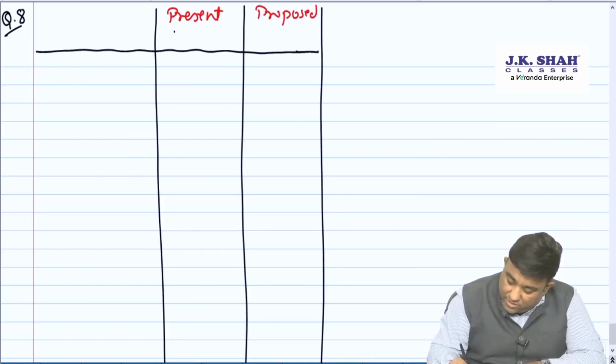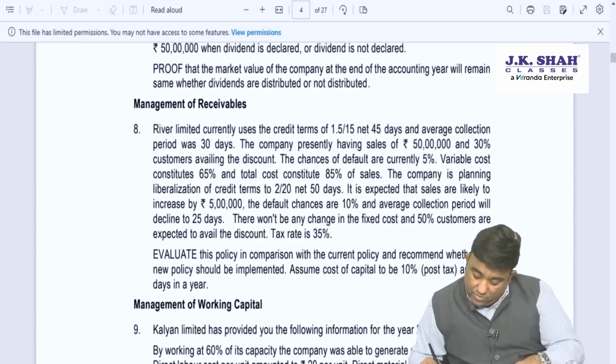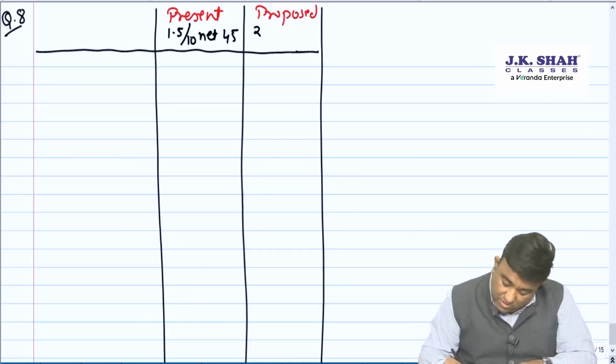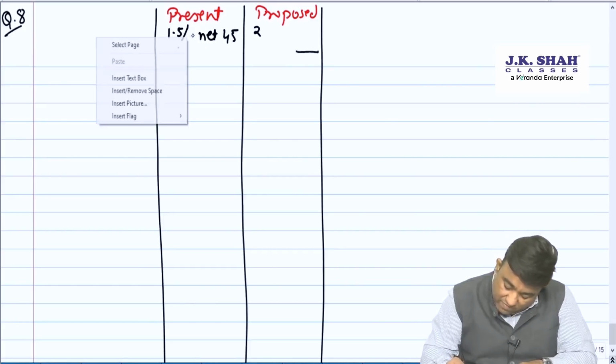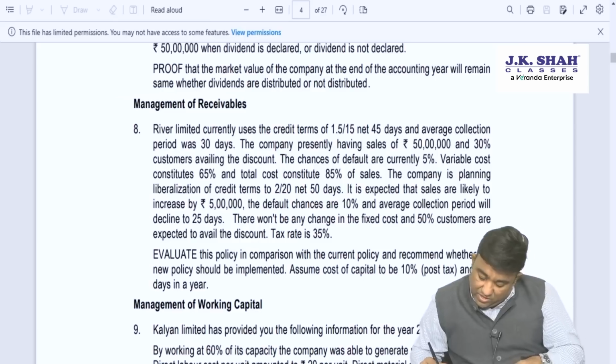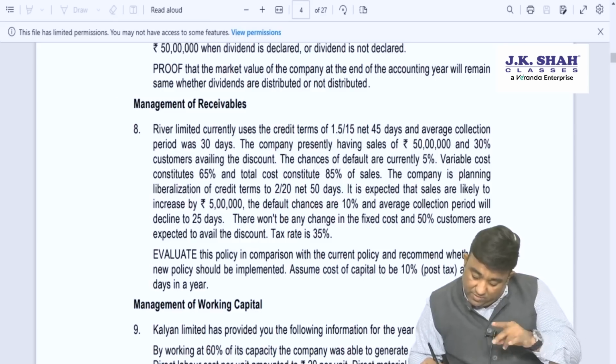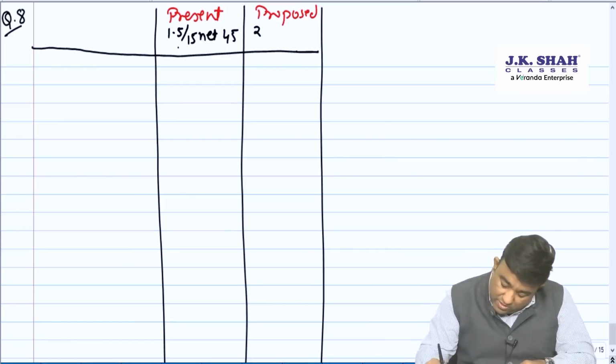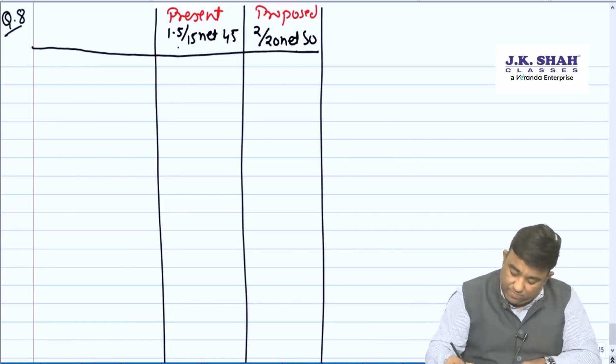Present policy is 1.5 upon 15, net 45, and the proposed is 2 by 20, net 50.